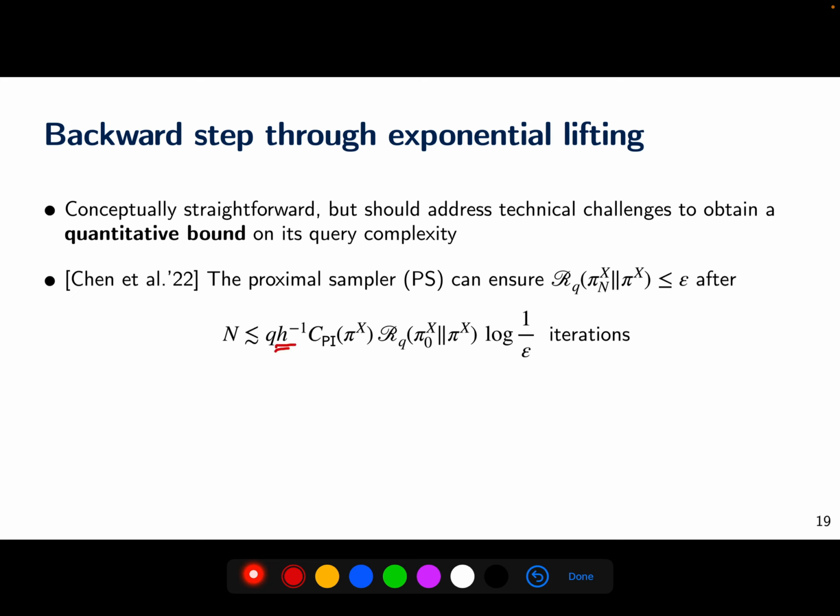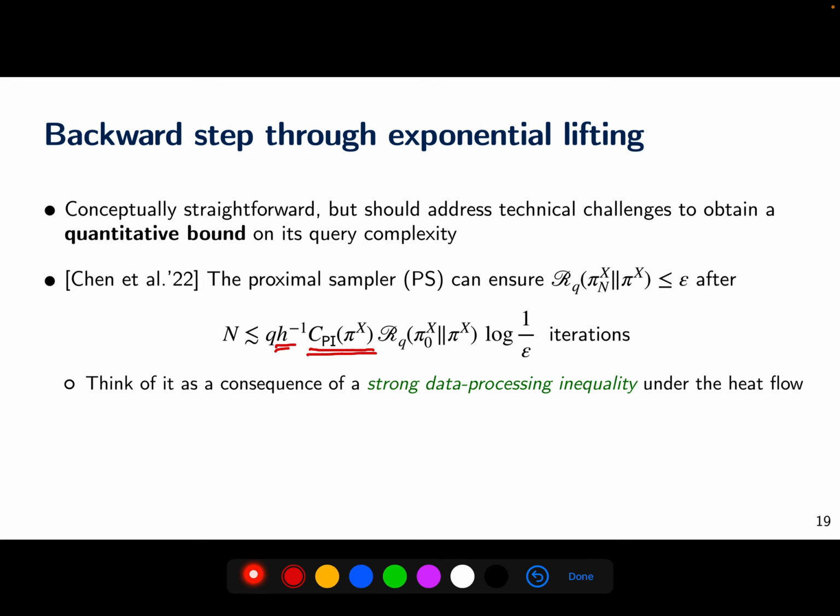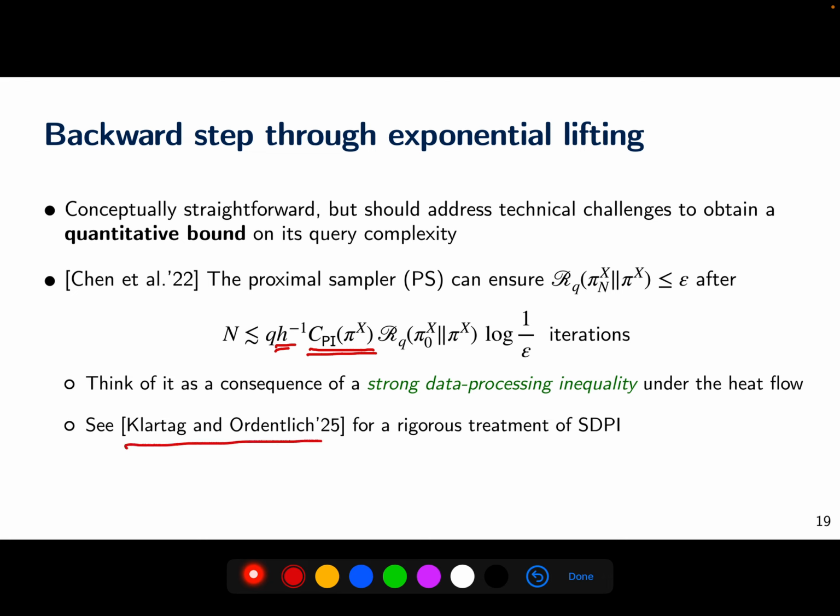Here h is the step size, and C_PI is the Poincaré constant of your target distribution phi. This consequence basically comes from a better understanding of the strong data processing inequality under the heat flow, and you can take a look at this work if you want to understand this SDPI in a deeper way.